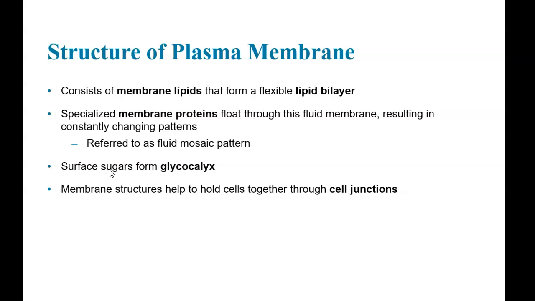And then there are these surface sugars, which are called glycocalyx. These function as barriers for macromolecules or things like bacteria, so it protects the cell membrane. They also play a role in cell-to-cell recognition, so they serve as identity markers. There are also membrane structures that hold cells together through cell junctions.